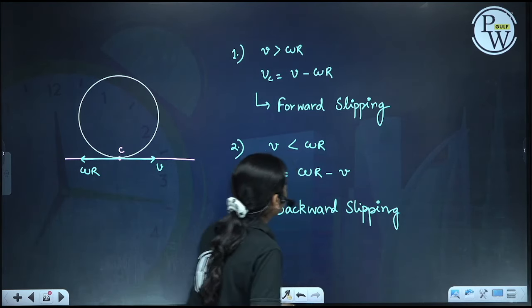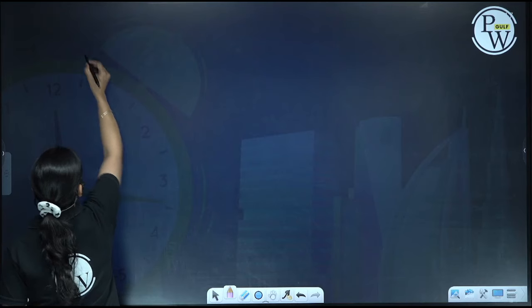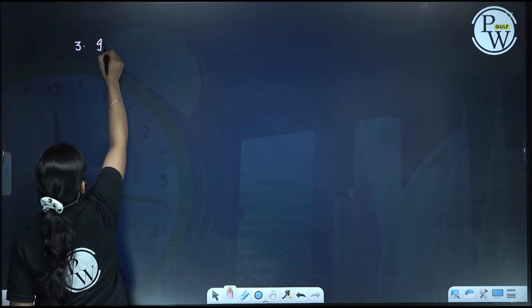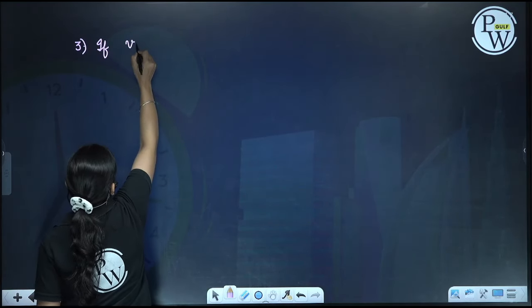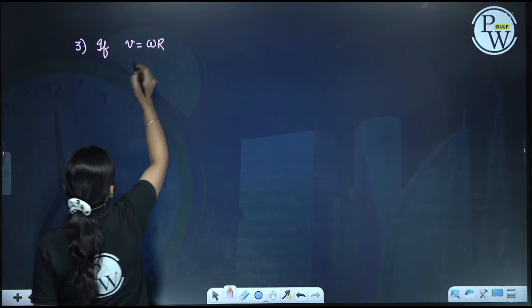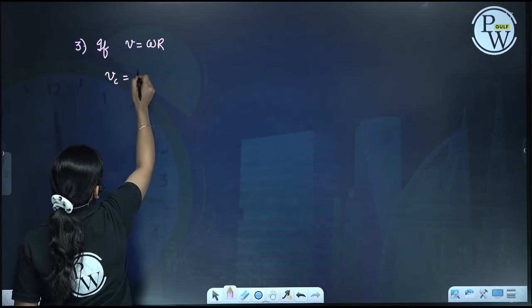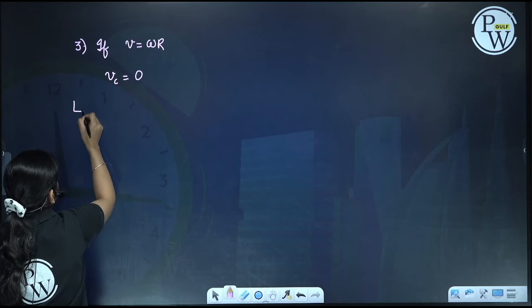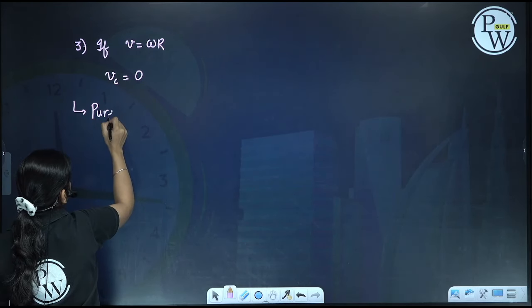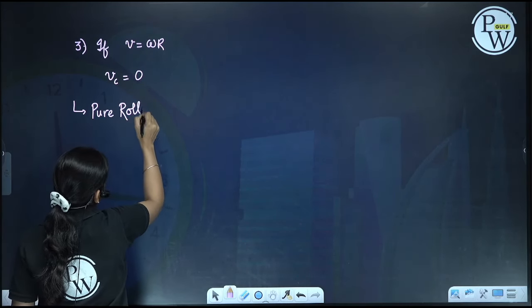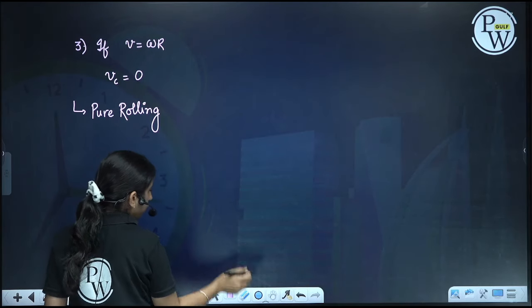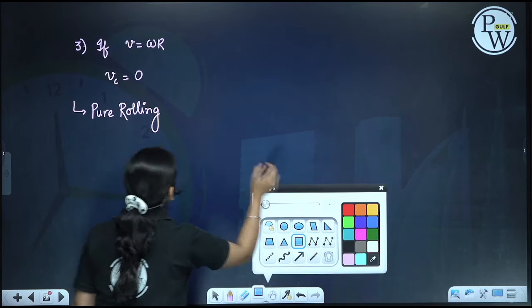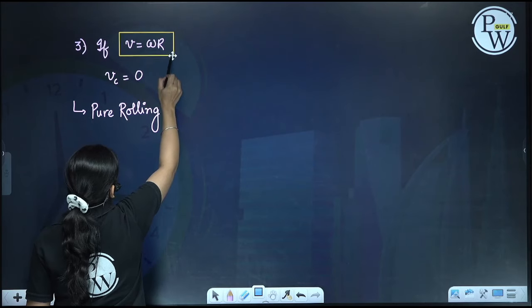Now the third case, what if v is equal to omega r? If v is equal to omega r, then the contact point will have net velocity 0. This is called pure rolling, that the contact point is having net velocity 0.